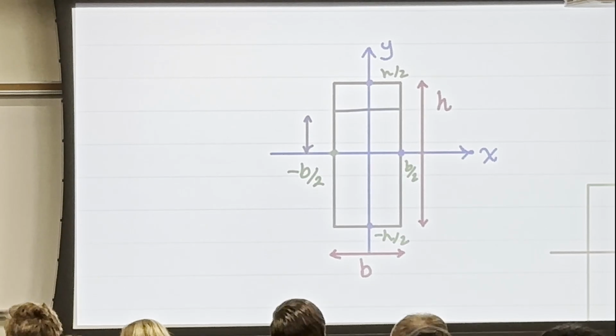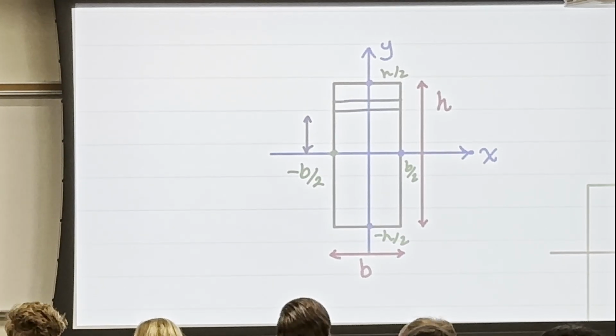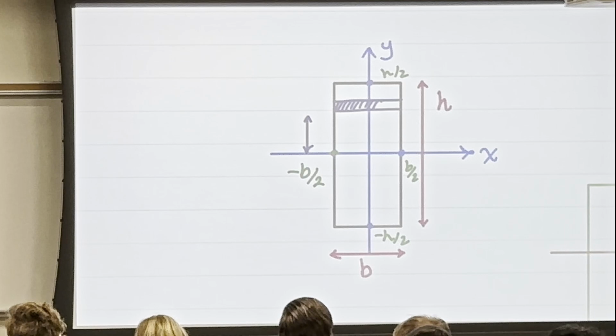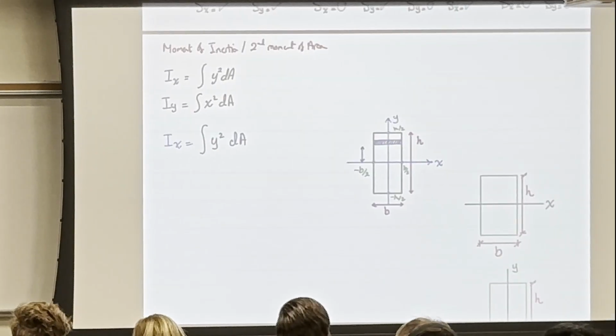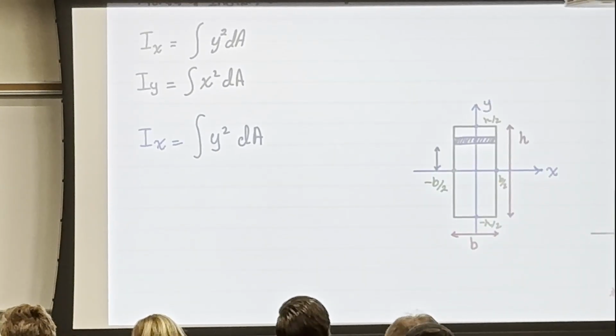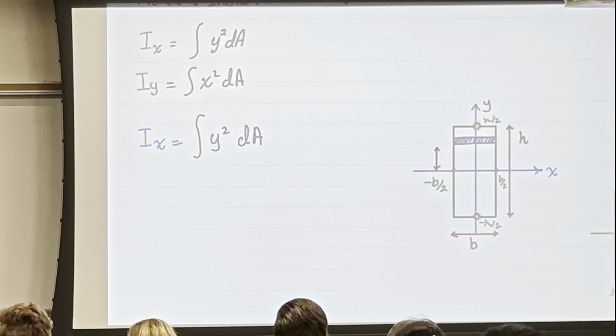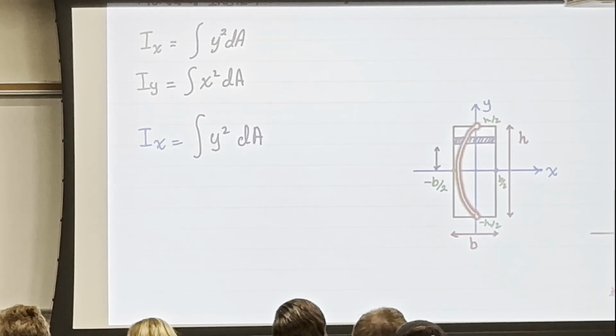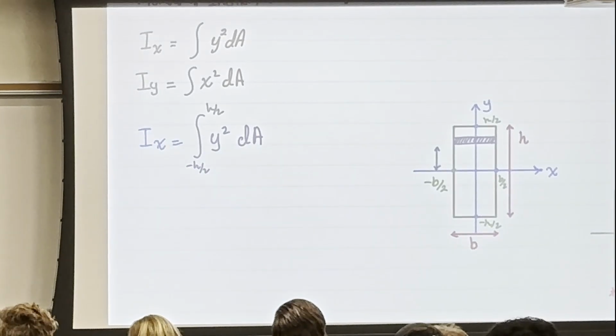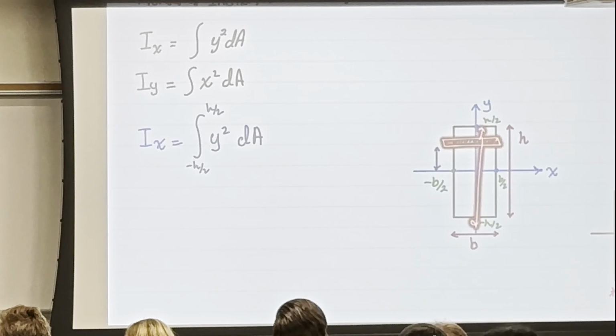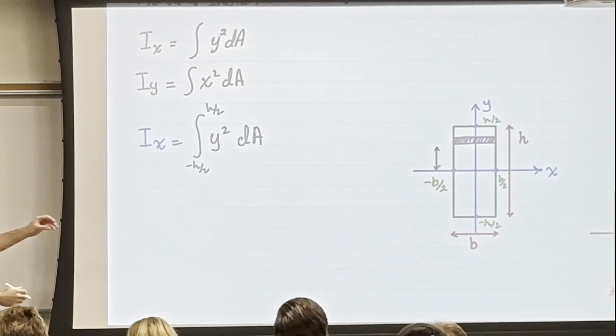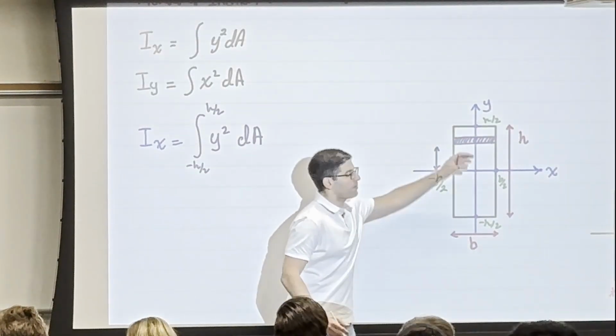And then here is the strip that we're going to move throughout the area, which has a limit of integration from negative h over 2 to h over 2. So basically, we want this strip to move all the way down to all the way up. That's the integration that we want to take.